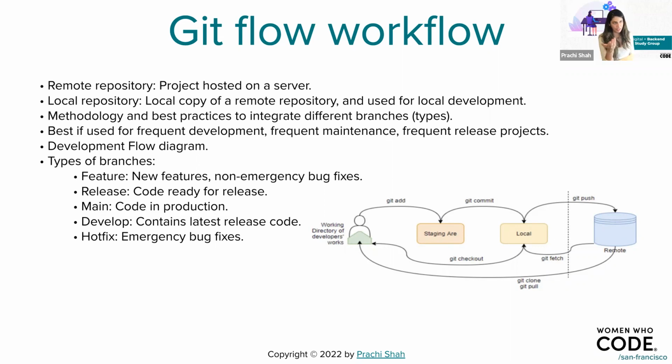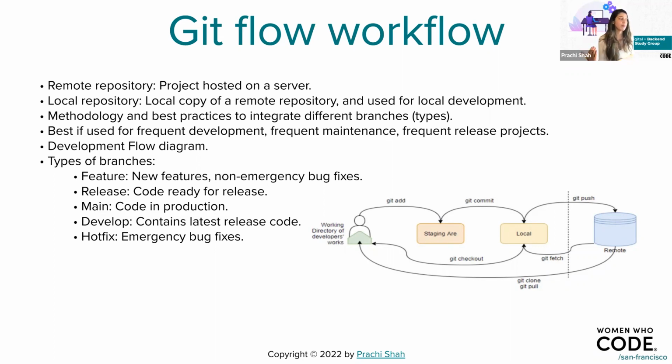Basically, I'm showing here a development flow diagram. When you follow a Git Flow process, you label your branches. Now you know what a branch is, right? It's something off of main, and you're creating a branch for a specific purpose. Now you would want to name every branch for its specific purpose.